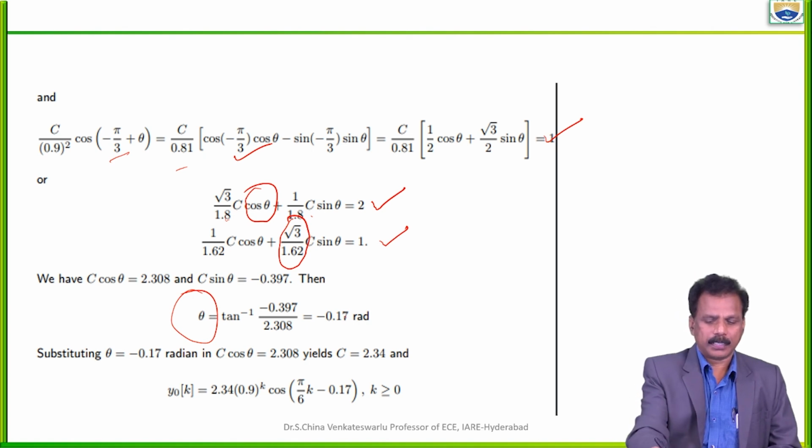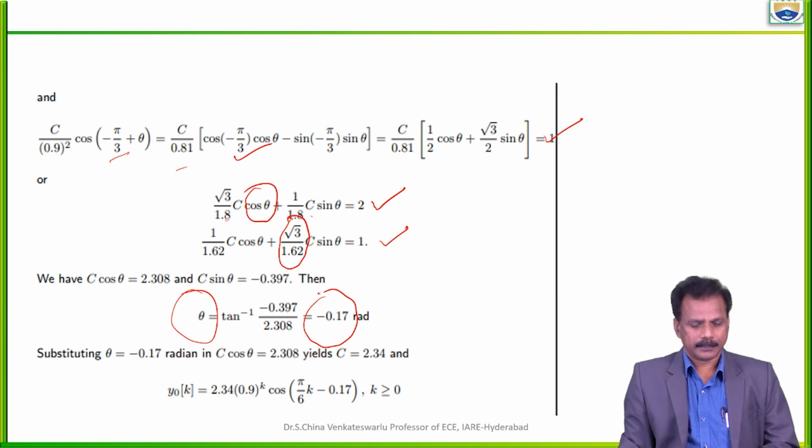So here it is finally minus 0.17 radians.